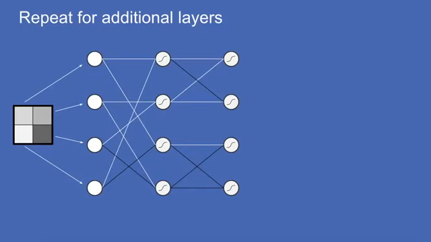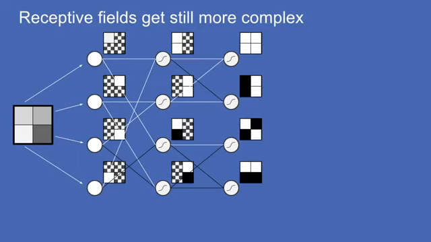And we can turn right around and create another layer on top of it the exact same way, with the output of one layer being the input to the next layer. And we can repeat this 3 times or 7 times or 700 times for additional layers. Each time the receptive fields get even more complex. So you can see here, using the same logic, now they cover all of the pixels and more special arrangement of which are black and which are white.